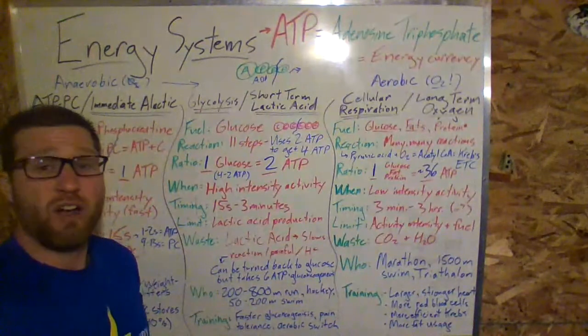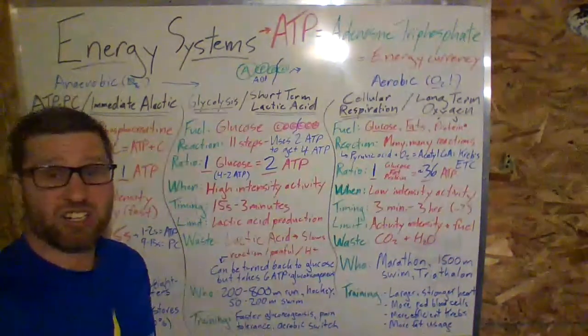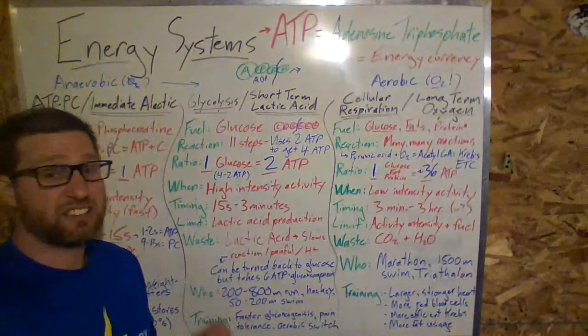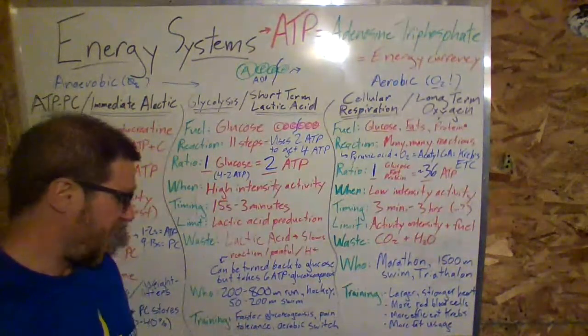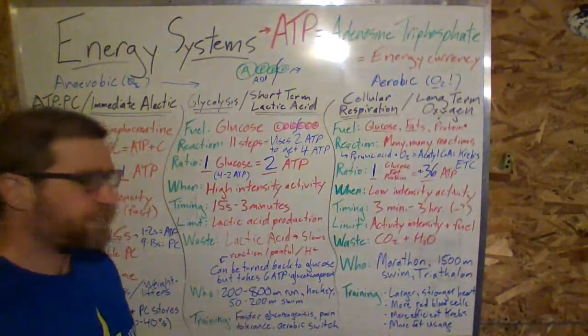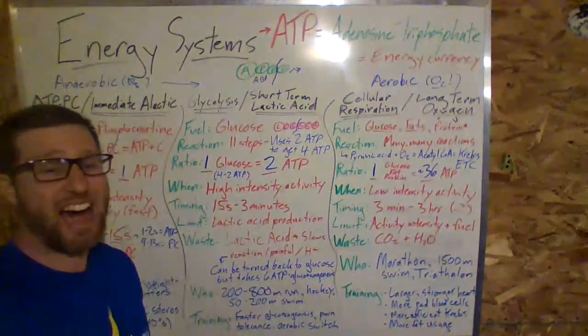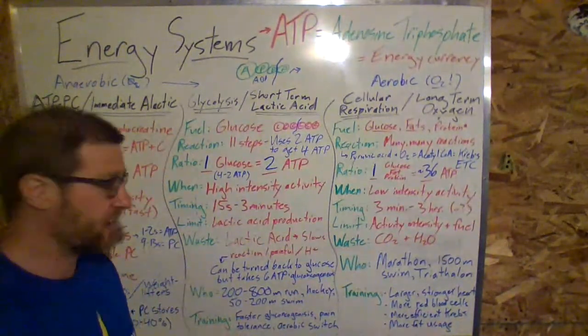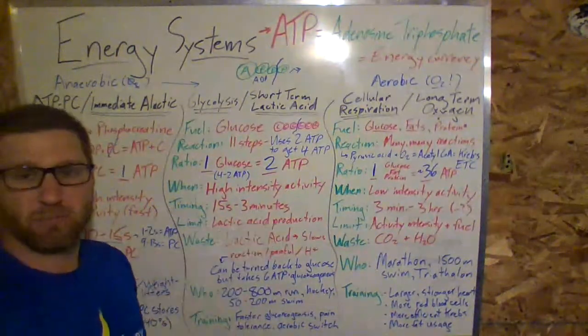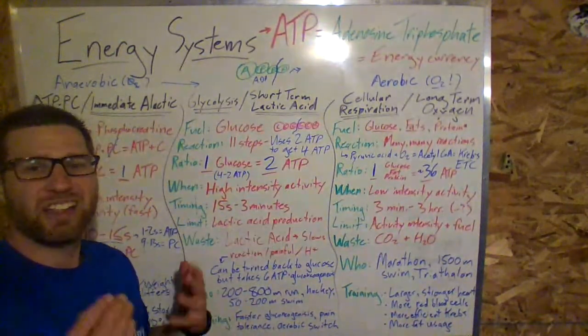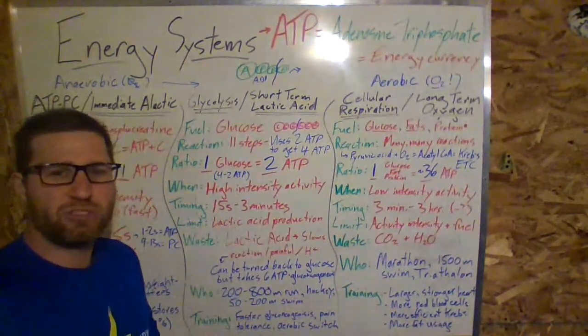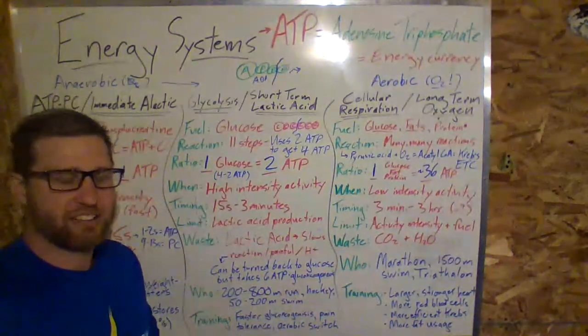Well, they're probably about 40 seconds is a long shift, maybe 30 seconds, and that's just pure lactic acid. 50 to 200 meter swimmers, where you're going at a high intensity for longer than 15 seconds, but around that 3 minute mark. Those would be the kind of athletes who use your short-term lactic acid system.